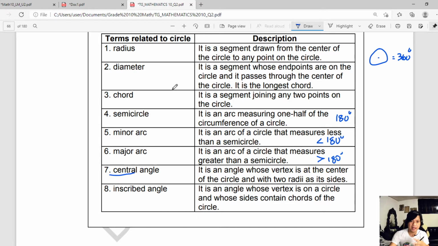Later on, we will learn one by one how to get the measurement of the central angle, the inscribed angle, its intercepted arc, and so on. For this video, we just showed the basic terms related to circles.